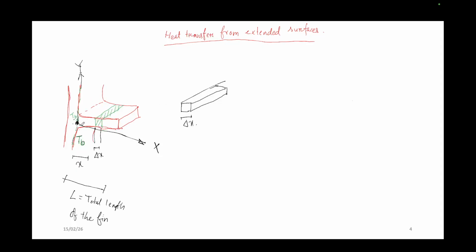So what will happen if heat is already there, at temperature T b. The temperature moves in this direction and this is atmosphere, say it is at T infinity, the outside air. So from this section there will be heat loss in the top portion, which is Q convection, right?